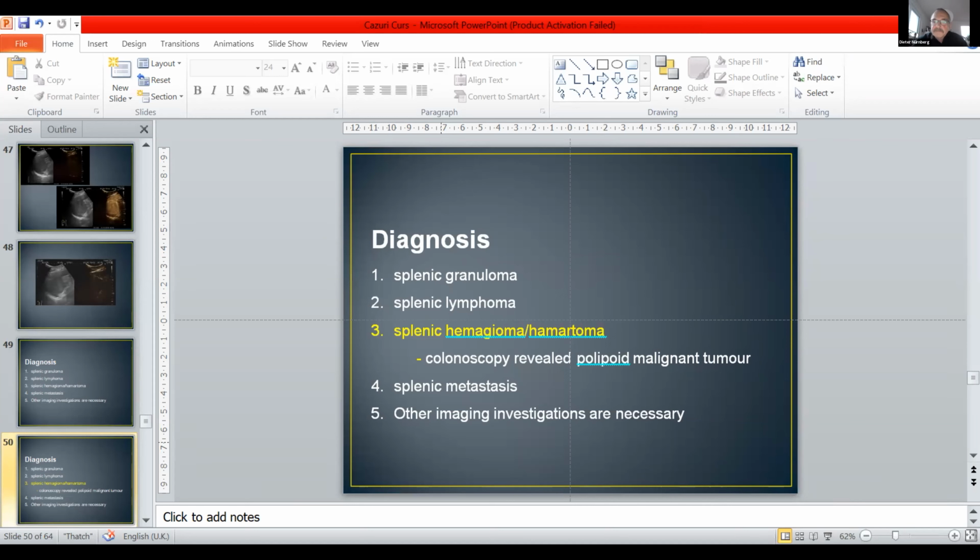As you can see, a primary splenic leiomyosarcoma that was associated with liver metastasis and bone metastasis. It's very interesting. I haven't seen that. Thank you very much.